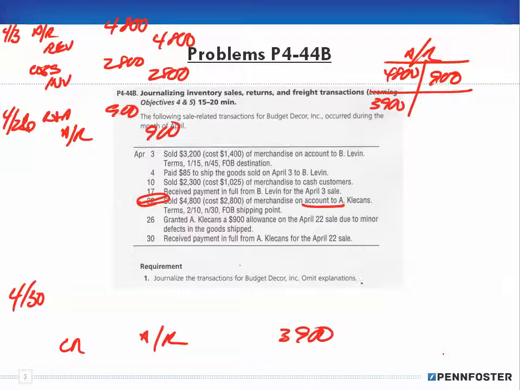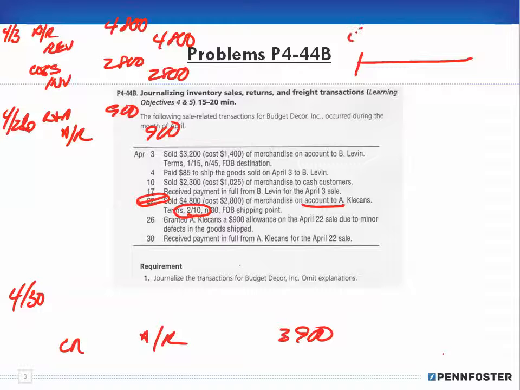Now, the question becomes, since it was sold on account and it's 2% 10, we're doing the same thing as before. Here's our timeline. 4/22, 10 days later is 5/2, since April has 30 days in it.